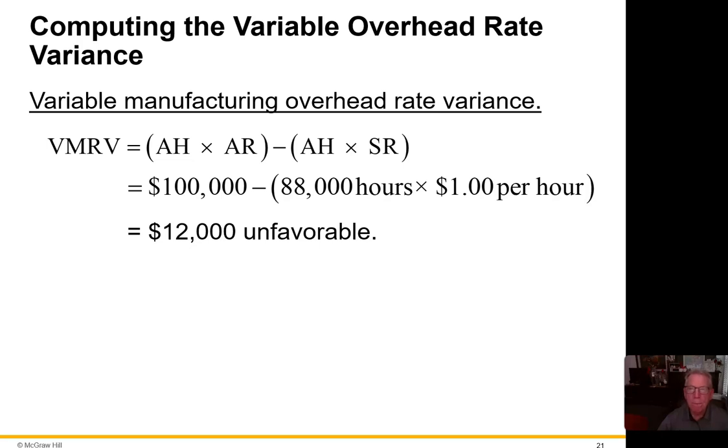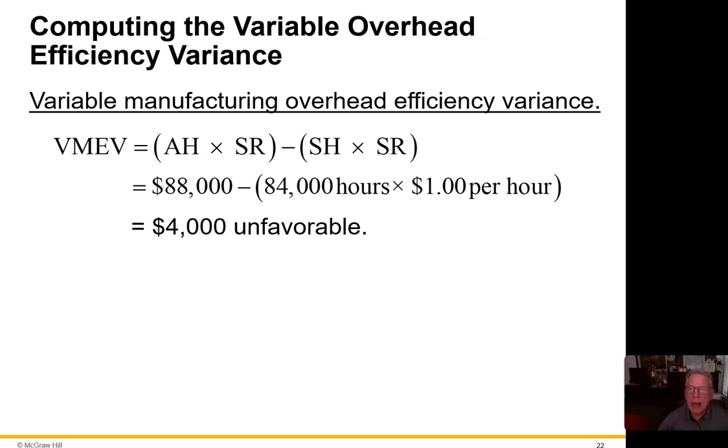Okay, so that's the variable manufacturing rate variance. Now we'll take a look at the variable manufacturing efficiency variance. And that is going to be the actual hours times the standard rate minus the standard hours times the standard rate.